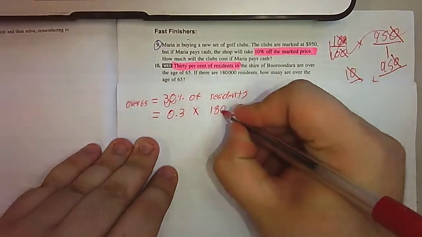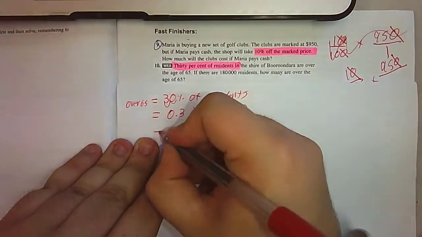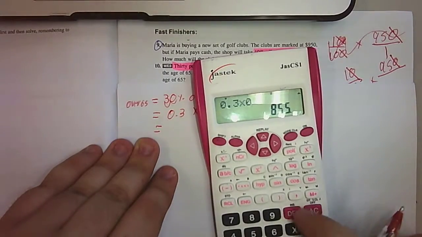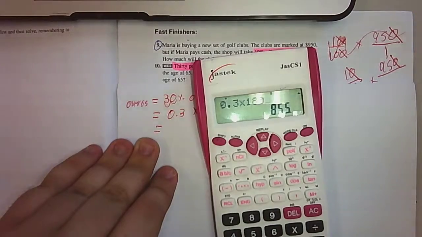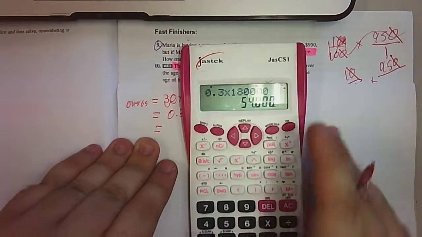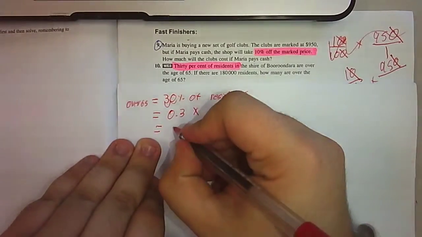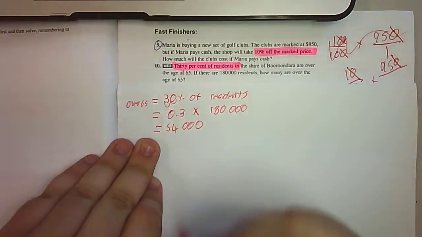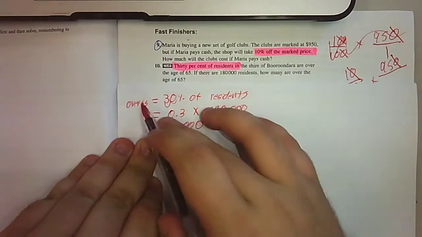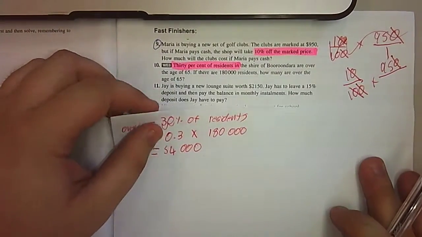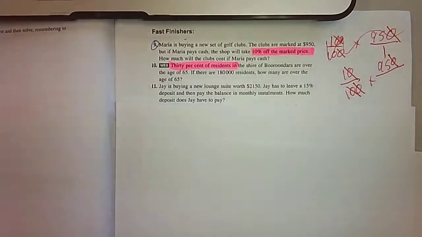If you put 0.3 times 180,000 in your calculator, you get 54,000. So 54,000 residents are over 65. Okay, that's question 10. Let's move on to question 11.